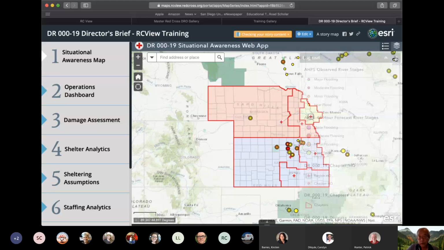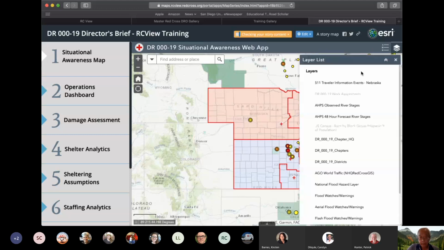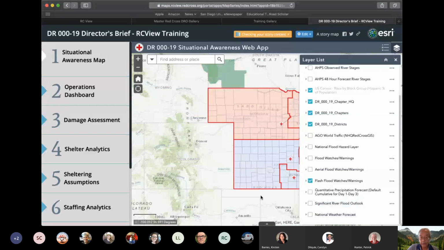Most importantly, though, this is a layer list. And I can click off layers. I have districts, chapters. This has the flooding levels, river gauges, and so forth. Flood watches. It even has some demographics in here, and we have a scenario which talks just about that.